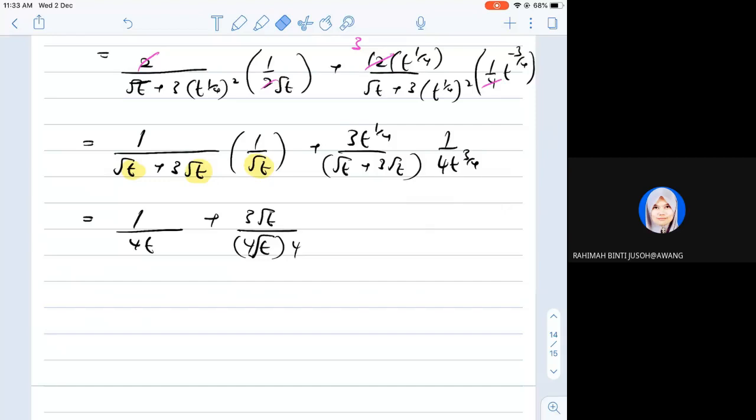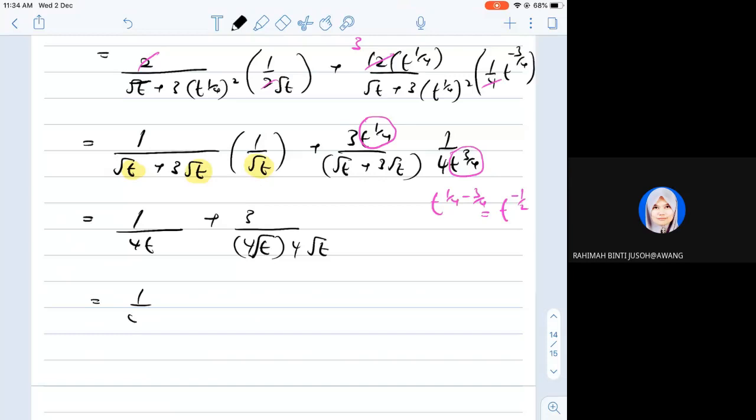This t to the power of 1 over 4, I divide first by the negative 3 over 4. So it becomes t to the power of 1 over 4 minus 3 over 4, so it becomes t to the power of negative 1 over 2. So it becomes negative square root t. That is why we get 4 square root t here. Like that. Okay. Sorry, this one is not on top. It is at the bottom, because it is negative. Like that.